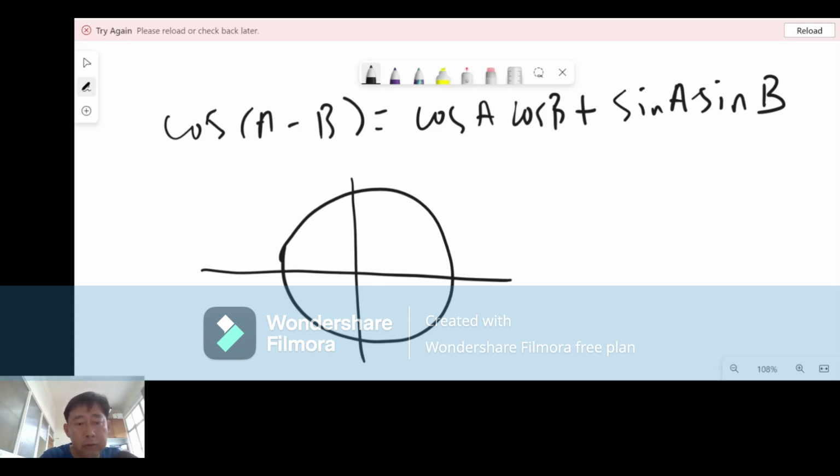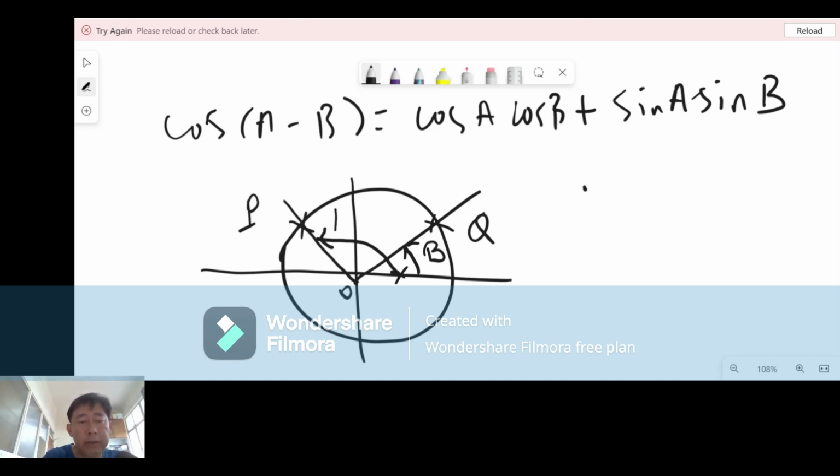So let's say you just draw a triangle like this. Then you have points cut through the perimeter of the circle here and here. Let me simply call them P and Q. It doesn't really matter what names they are called. Then you have an angle, say this is the angle B, a smaller angle, and then the angle A is defined to be from here to OP.